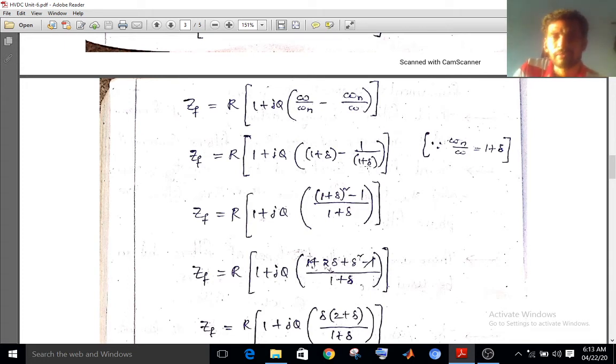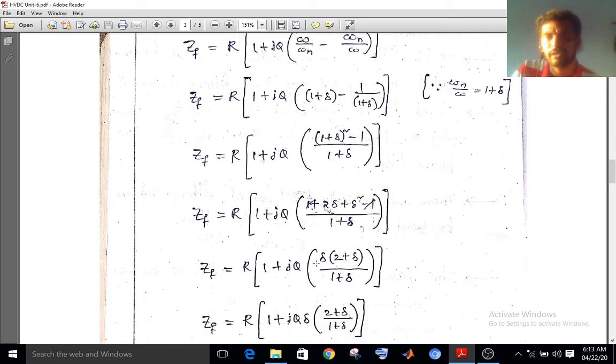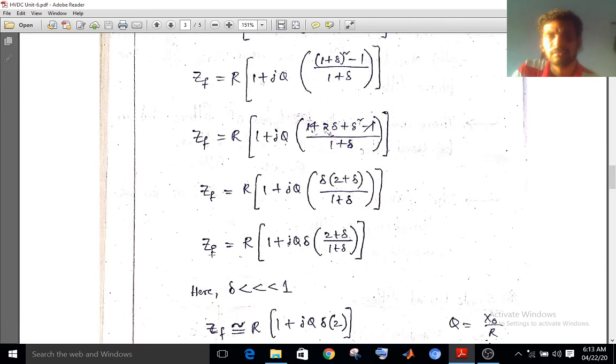If you make 1 plus delta common, it will become (1 plus delta) whole square minus 1, by 1 plus delta. Just expand this. You are left with 2 delta plus delta square by 1 plus delta. If you make delta common, delta into (2 plus delta) by 1 plus delta.